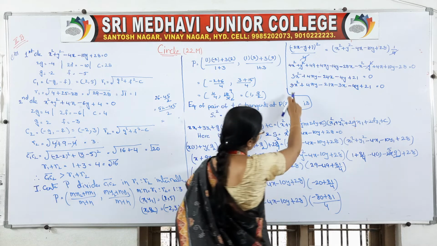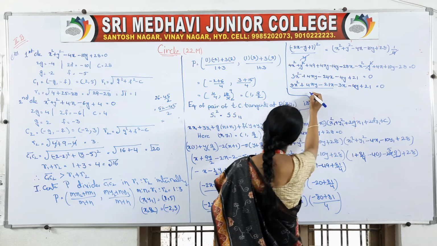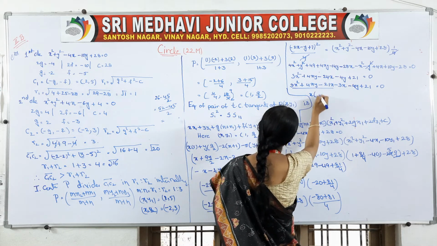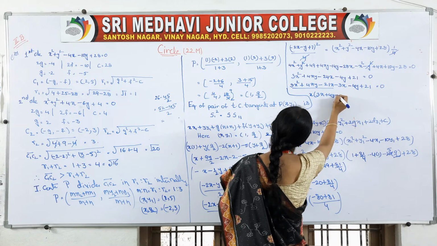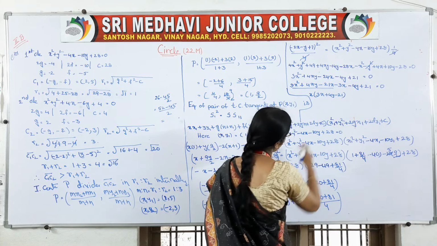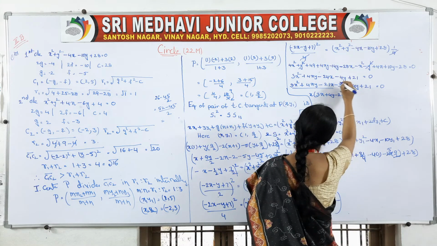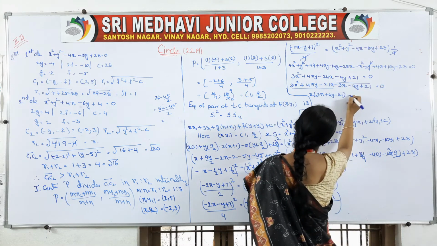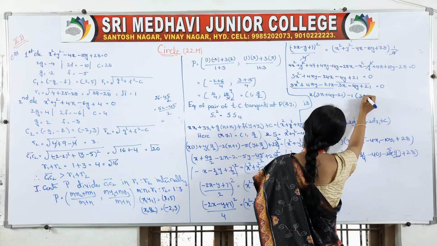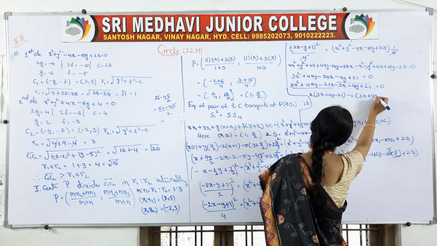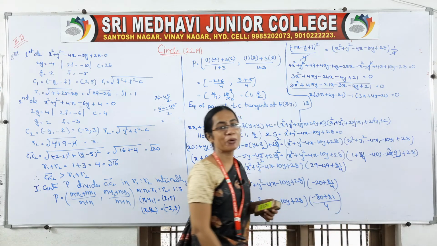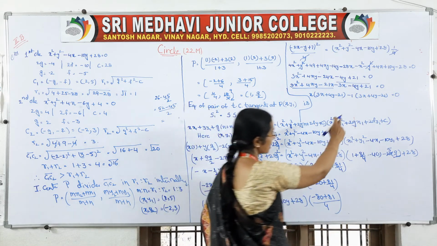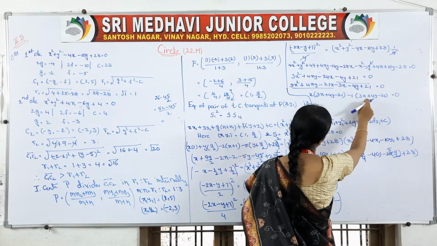So from these three terms you take x common. What happens? It is 3x plus 4y minus 21. From these three terms, you take minus 1 common. What happens? 3x plus 4y minus 21 is equal to 0. See, your 3x plus 4y minus 21 is common.